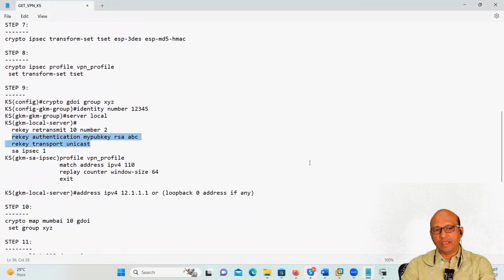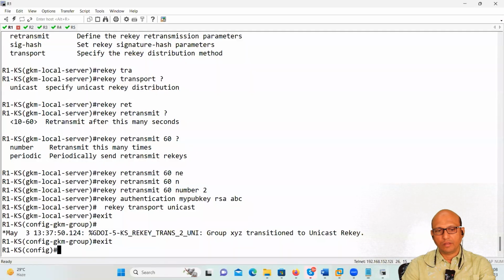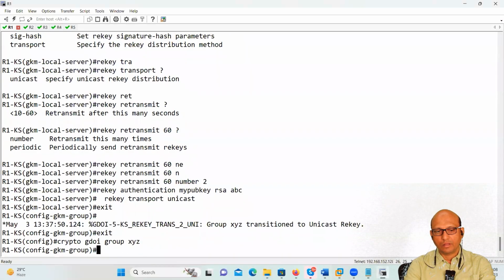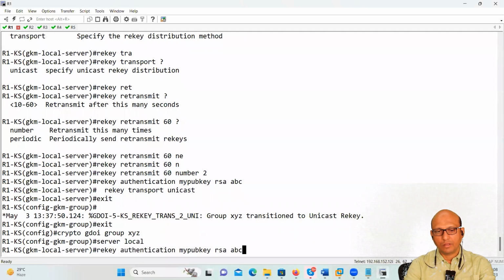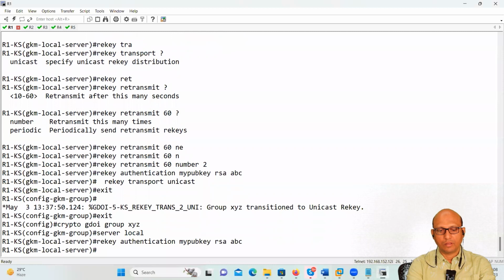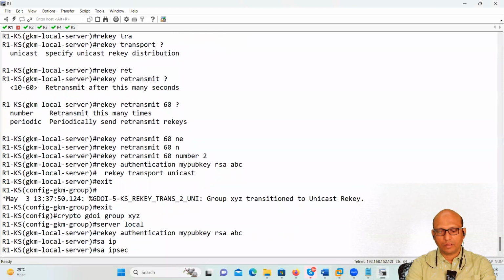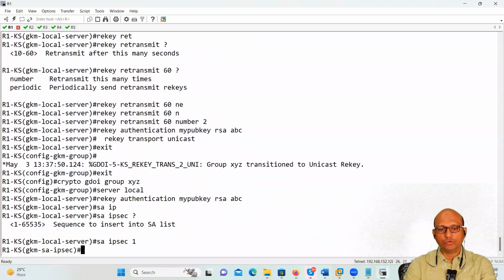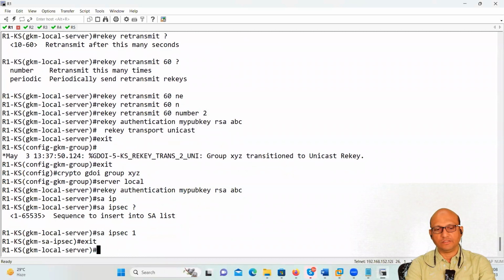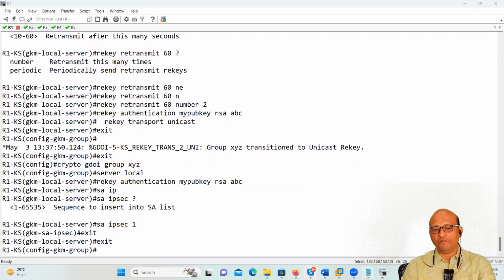Then I say SA IPsec 1, sequence to insert in the security list.